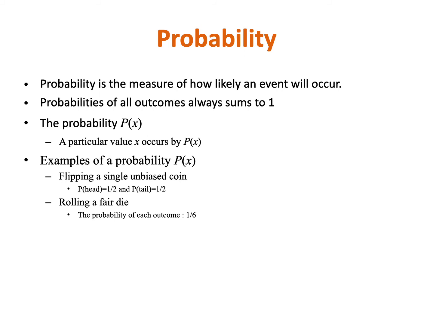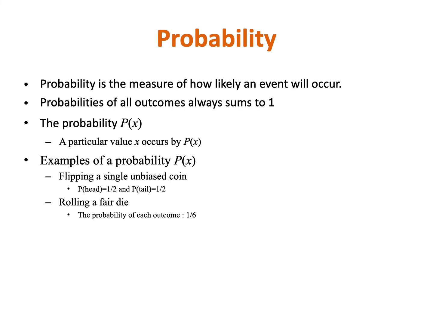For example, flipping an unbiased coin. If we flip an unbiased coin, we get two possible outcomes: either head or tail. Each has a probability of 1 by 2, or 0.5.